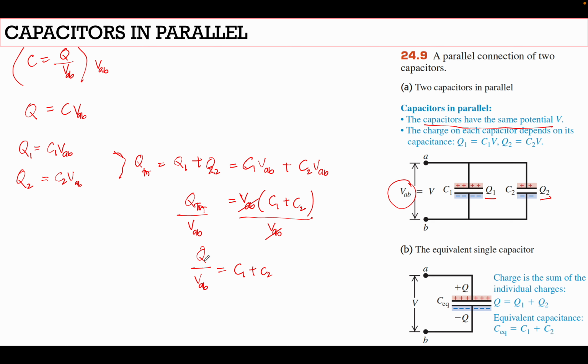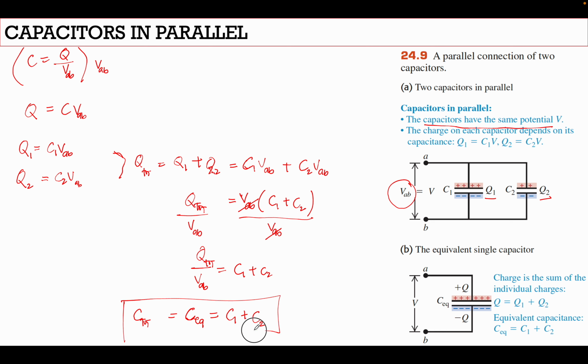So Q total over VAB is our equivalent, or the total capacitance. So the total capacitance or the equivalent capacitance is equal to the sum of C1 and C2.